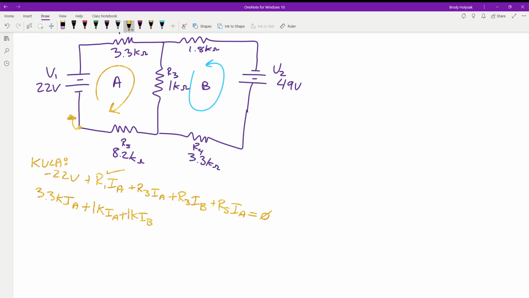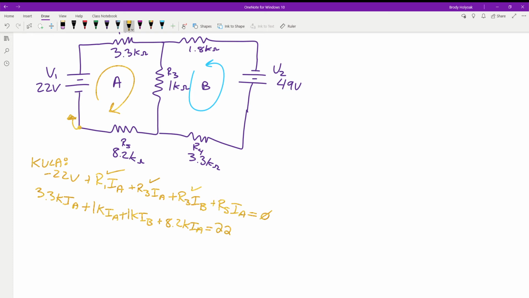So that takes care of our R1 IA, which is the 3.3K, R3 IA, and R3 IB here and here. And then the last one is R5, which is 8.2. And that's going to equal 22. Everybody good with that? Okay.